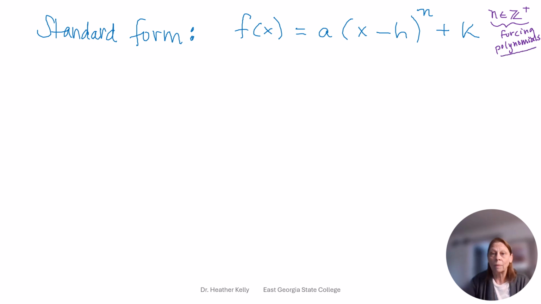Okay. All right, so it's just like it's worked as you've learned it before, I'm sure. A is the amplitude, and that's the stretch or the shrink on the y value.